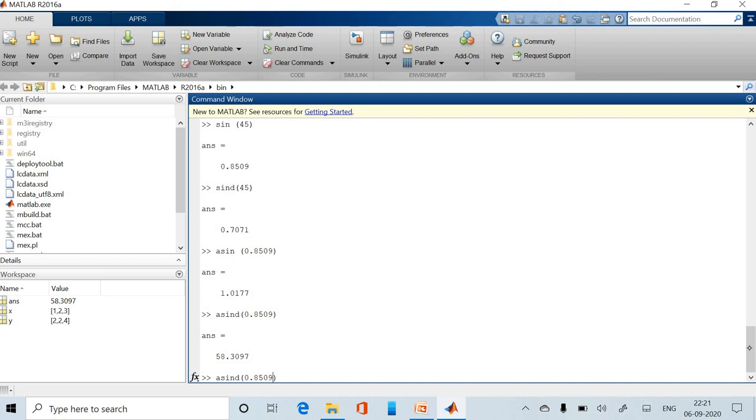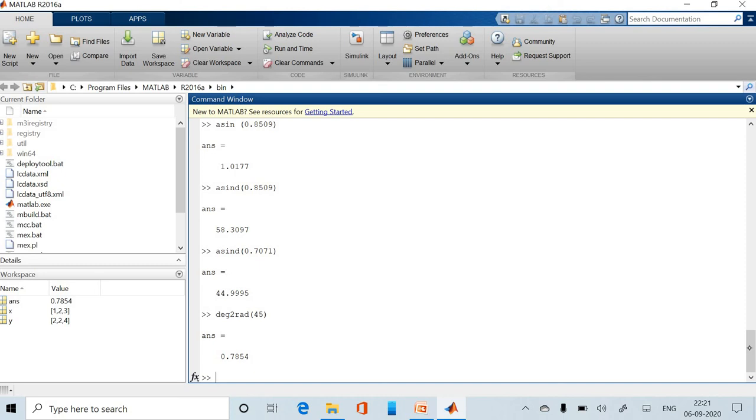But if you type 0.7071, now you are getting 45. Okay. Understood? Now if you want to convert degrees into radians, use the function deg to rad, radians, in bracket type, suppose 45 degrees you want to convert into radians, so it is 0.7854.